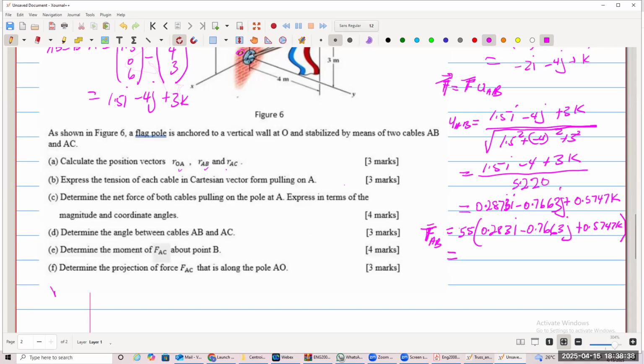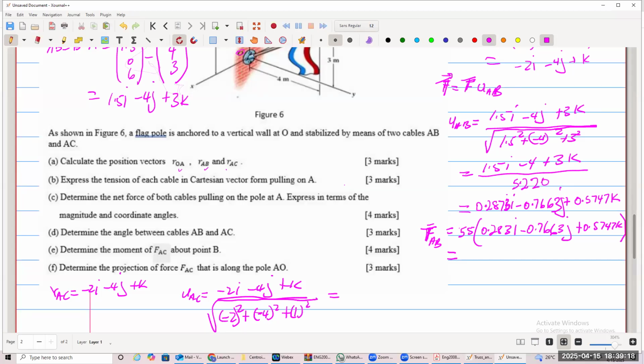So your position vector RAC is equal to minus 2I minus 4J plus K. And so your unit vector of AC similarly would be minus 2I minus 4J plus K upon the modulus, the square root of 2 squared plus 4 squared plus 1 squared.